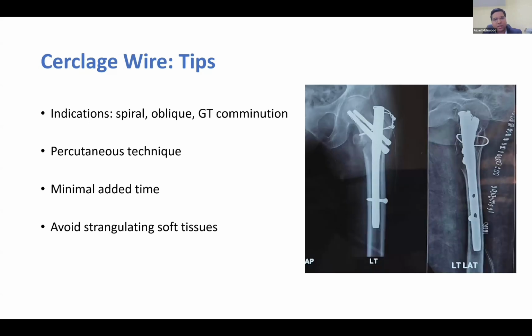So what are the tips for using cerclage wire? It is usually indicated for spiral, oblique, or other GT comminuted fractures. First of all, we have to open the fracture to use it, or either an open, mini-open, or percutaneous technique is used to apply the cerclage wire, and it will also add time, but we usually avoid strangling the soft tissues very much.